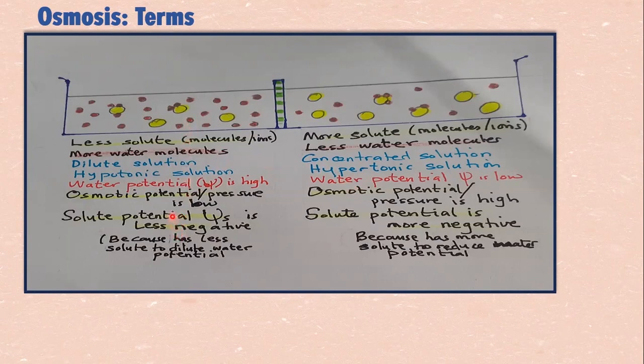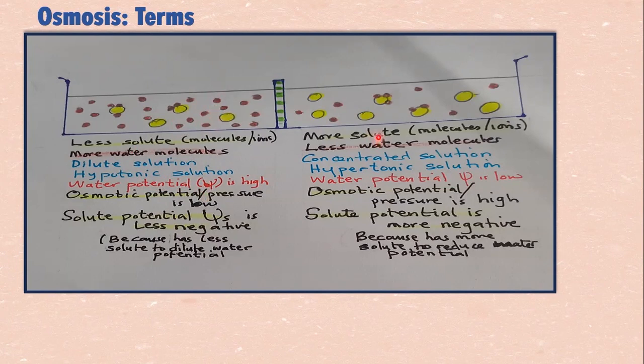Then we come to solute potential. The solute potential, as we have said, is the amount to which solutes will be able to lower the water potential. So if there are fewer solutes here, it means they can lower the water potential very little. So they have a less negative solute potential.